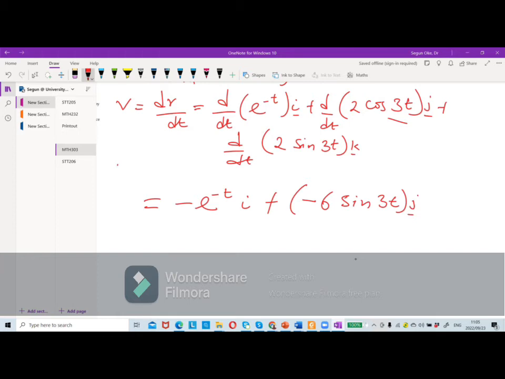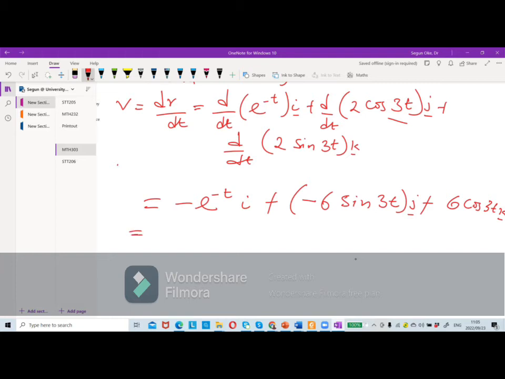j. The same thing happens here. When differentiating sine 3t, the 3 will multiply the 3 again, it will be 6 cos 3t, and you remain the same thing there.